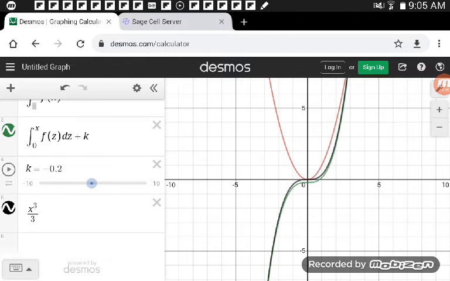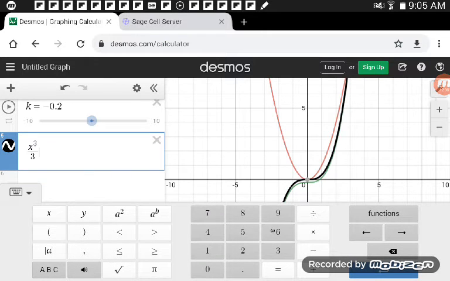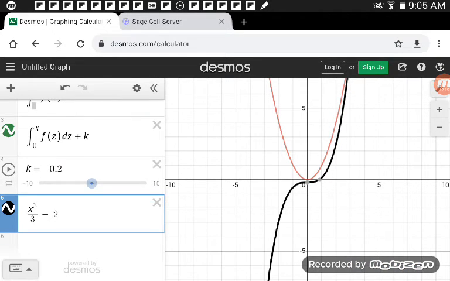So I'll just go like this, minus 0.2. There we go, and then the one is on top of the other, right? So they are the same function. Okay, there's the green one. Now I'll try to get that back.